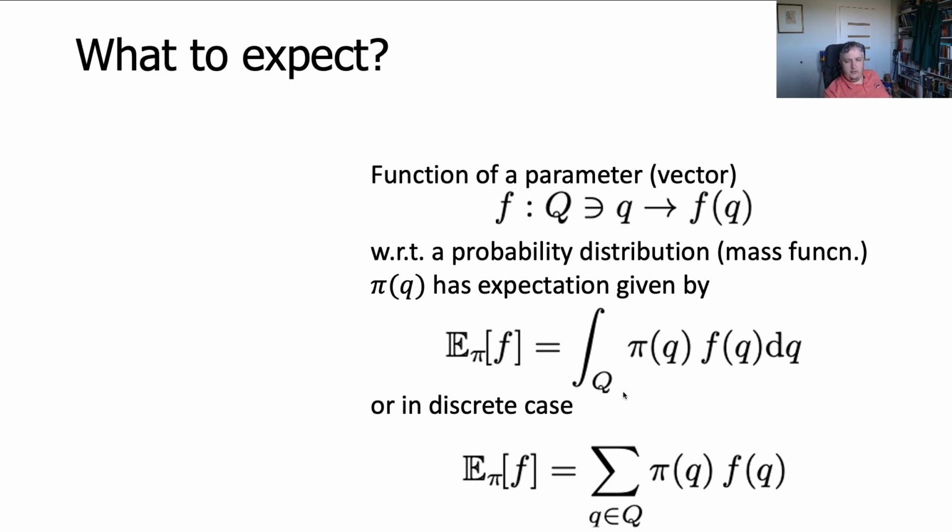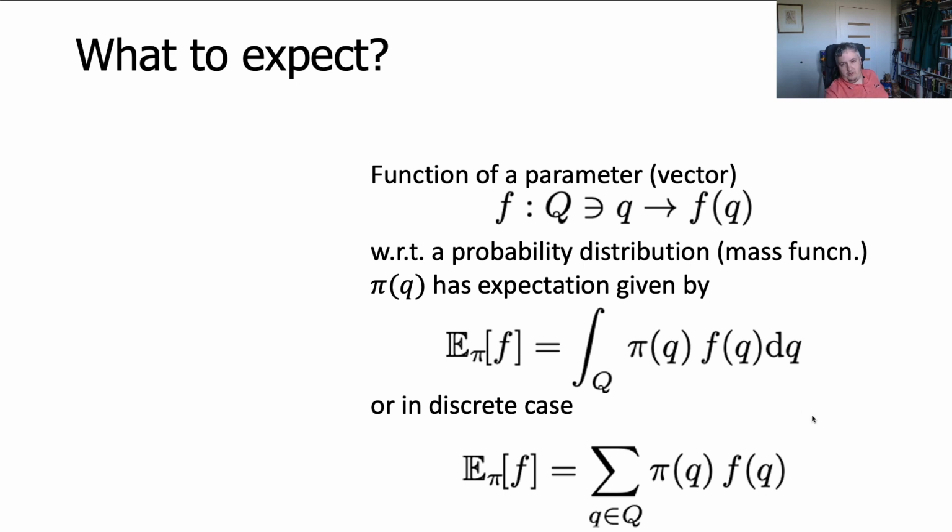This integration is of course done over the set of possible values of q. In the discrete case, the situation is similar, but we are now summing over all possible values of q the product of the function of q and the probability mass function of q.